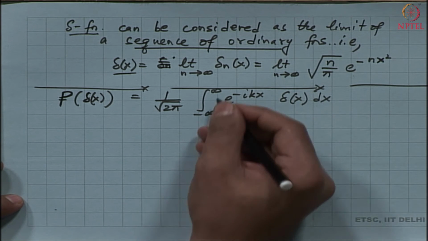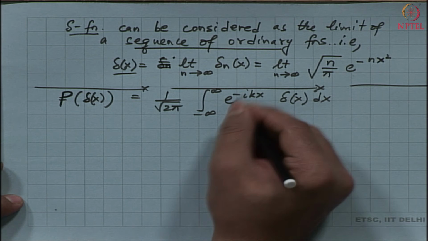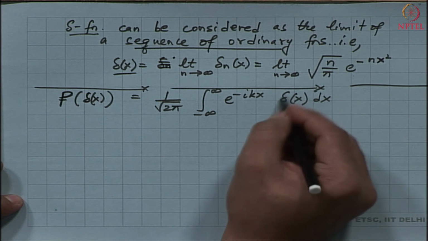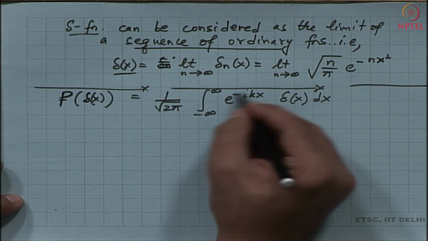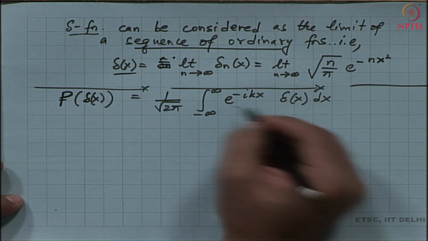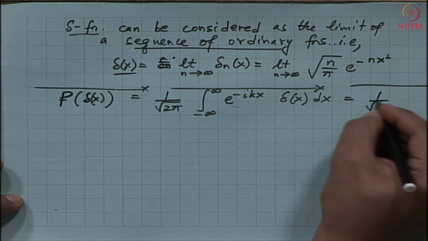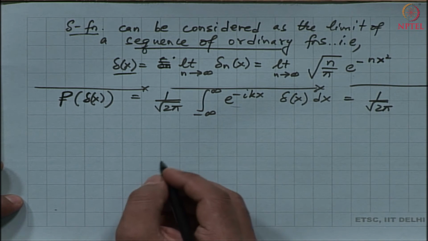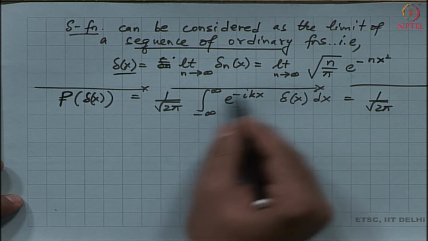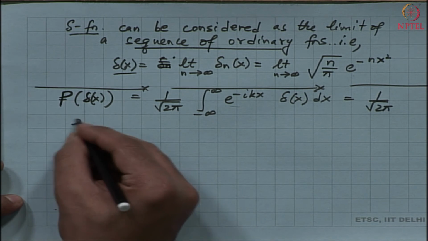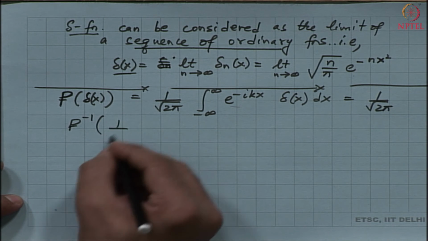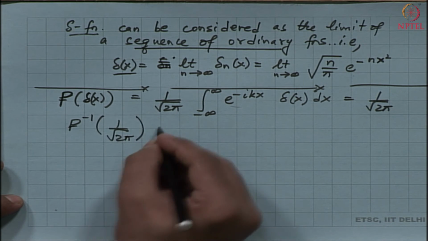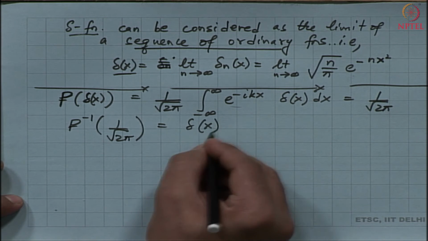Now, from negative infinity to infinity, there is only one point where the delta function attains a non-zero value, and that is at x equal to 0, and at x equal to 0 this is 1, right. So, all I am left with is the factor 1 by square root 2 pi, right. So, the integral is just 1. Conversely, if I were to evaluate the Fourier inverse of 1 by square root 2 pi, then that is my delta function.